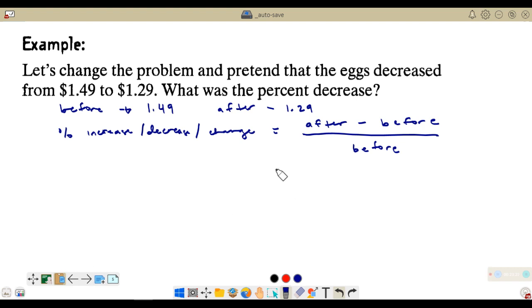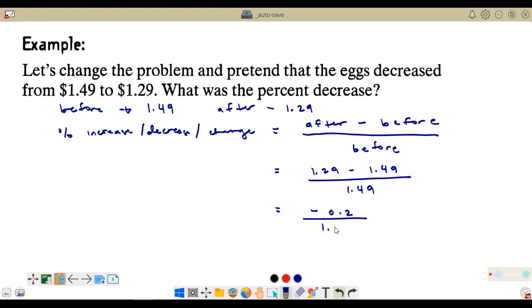In the book, it isn't indicated that this is what you should do. So here, for the percent increase, decrease, or change, we have 1.29 the after, minus 1.49 the before, over 1.49, our price before. So for the change, 1.29 minus 1.49 is negative 0.2, or 0.20.